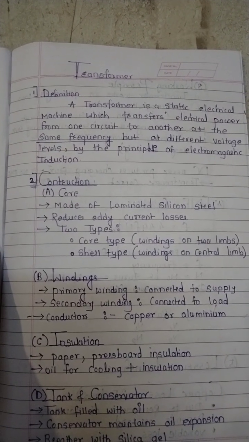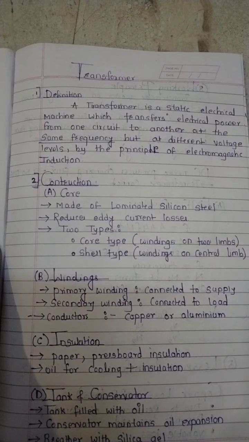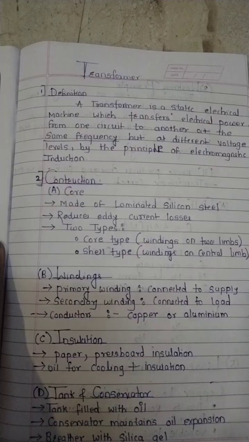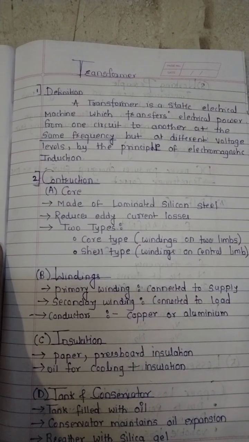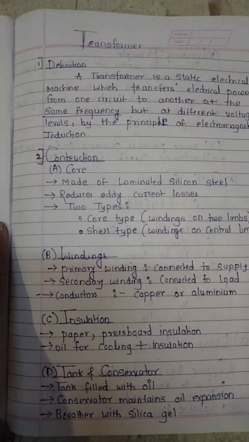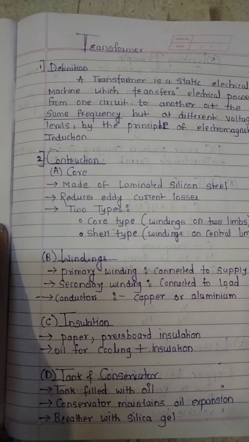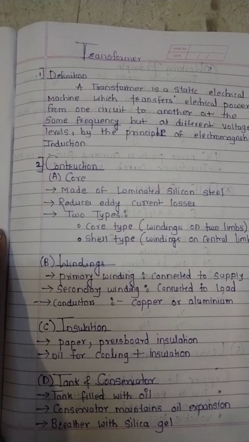Okay, winding: the primary winding is connected to the supply, and the secondary winding is connected to the load. Conductors are made up of copper or aluminium. Insulation is done with the help of paper or pressboard insulations.